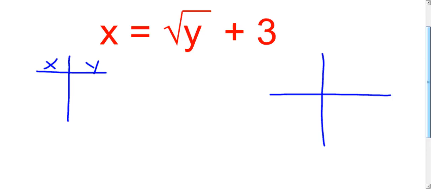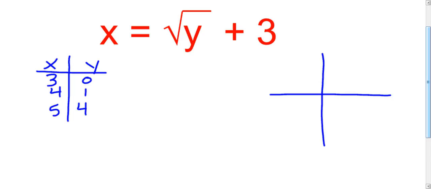Again, the smallest number you can take the square root of is 0. So if y is 0, then I have the square root of 0, which is 0, plus 3 gives me an x value of 3. Okay? If I have a y value of 1, the square root of 1 is 1, plus 3 gives me x to be 4. If y is 4, the square root of 4 is 2, plus 3 is 5. Okay?